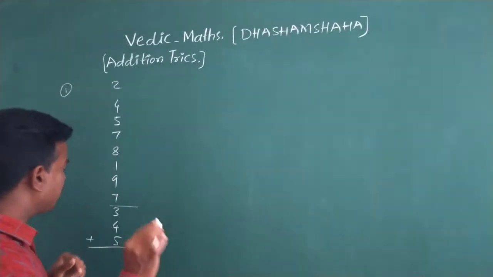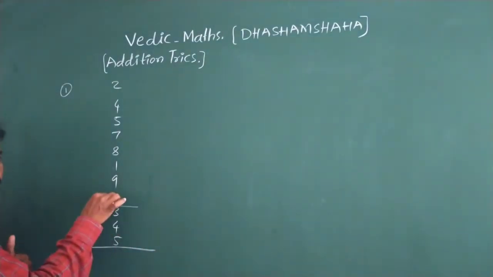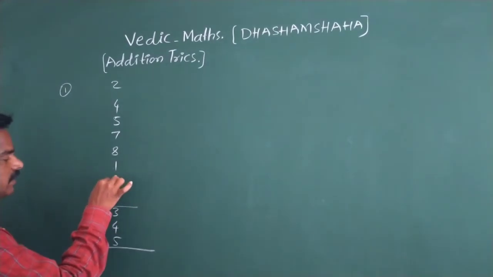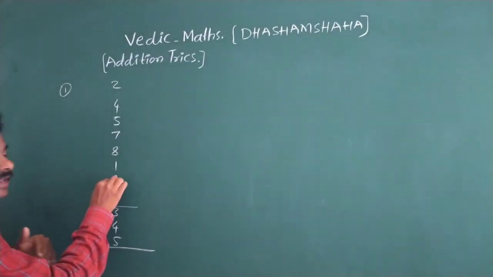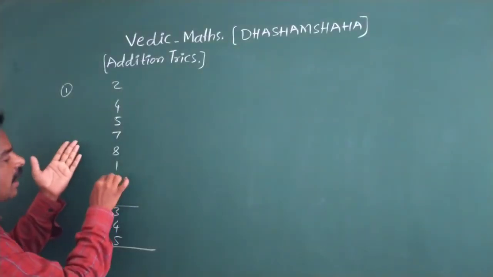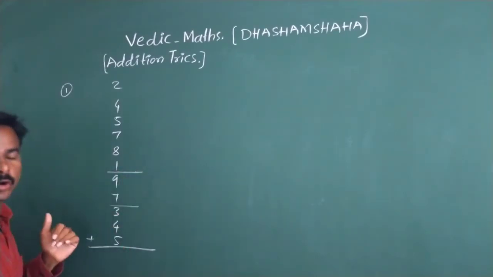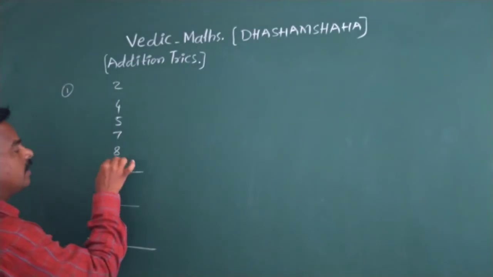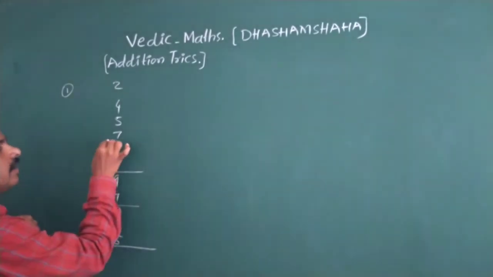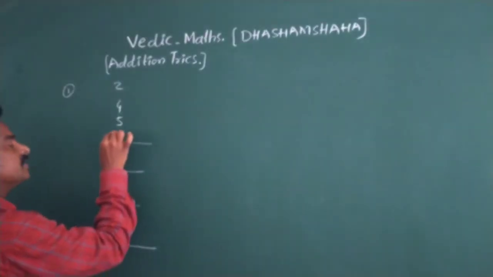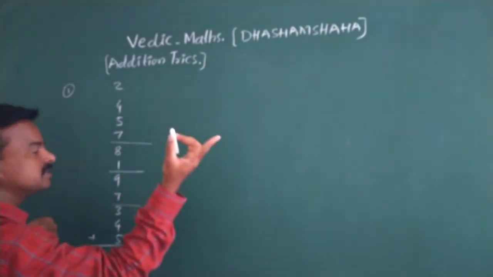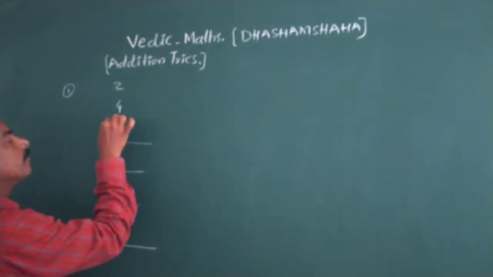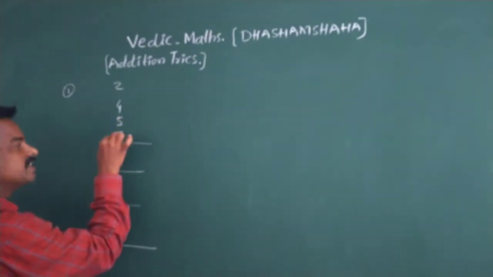That remaining 2 plus 7, 9 plus 9, 18. Here also 18 is more than 10, drop a 10, and remaining 8 plus 1, 9 plus 8, 17, drop a 10, and remaining 7 plus 7, 14.